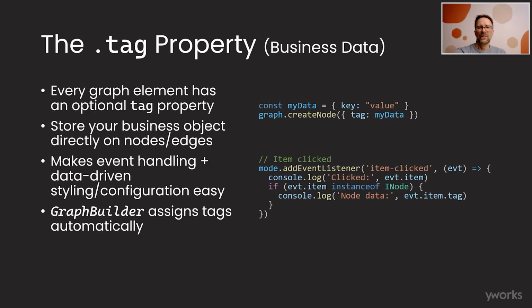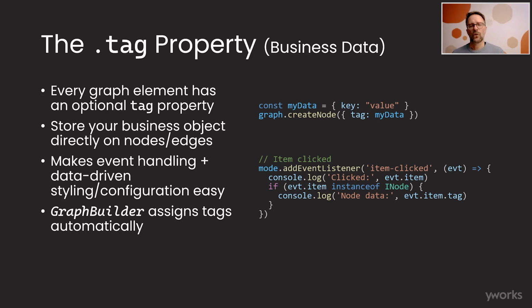So let's take a look at the tag property that you saw in that slide before. What's that? Every graph element in our graph data structure has an optional tag property. That tag property is meant to be used by you, the programmer. And yFiles doesn't really do anything with it other than allow you to store it with the graph.